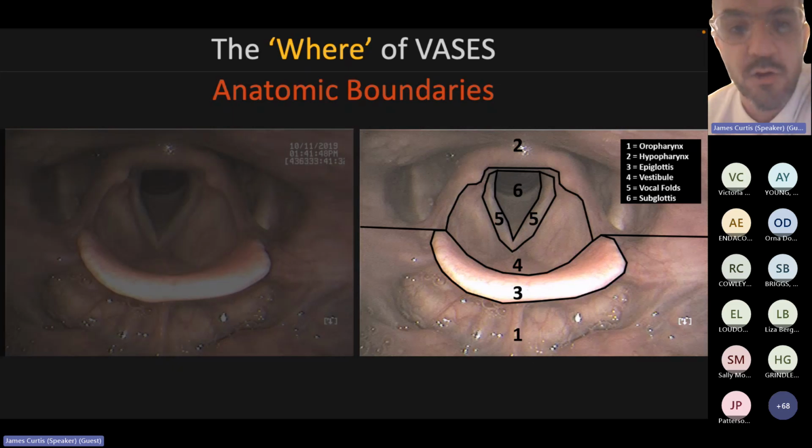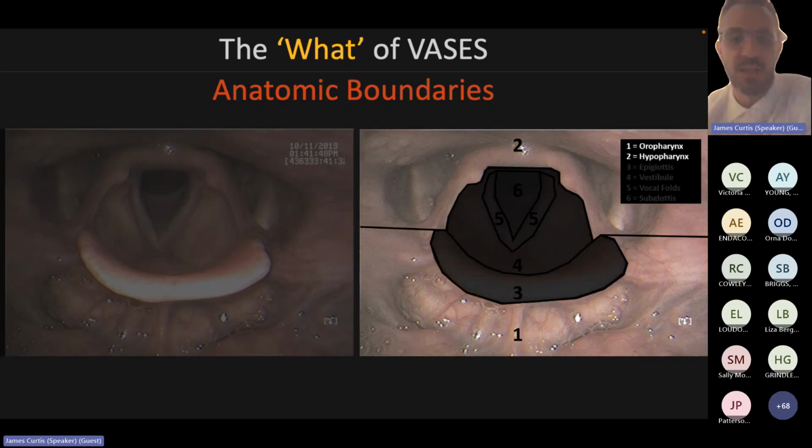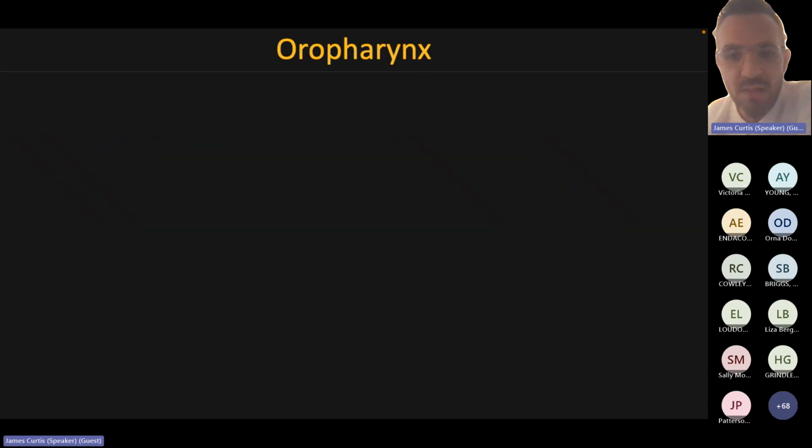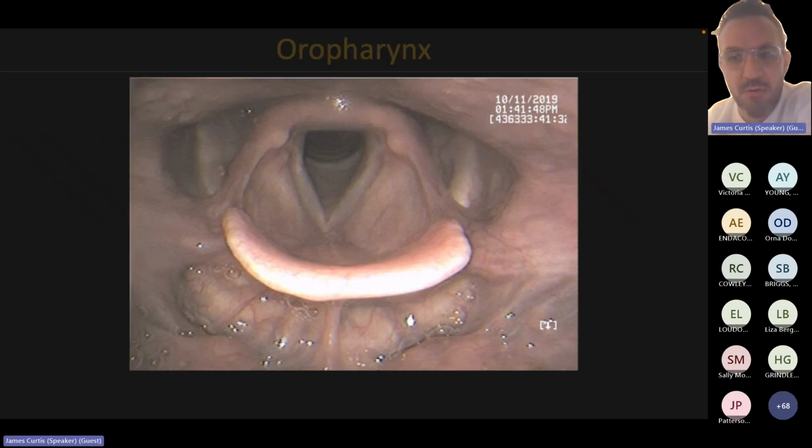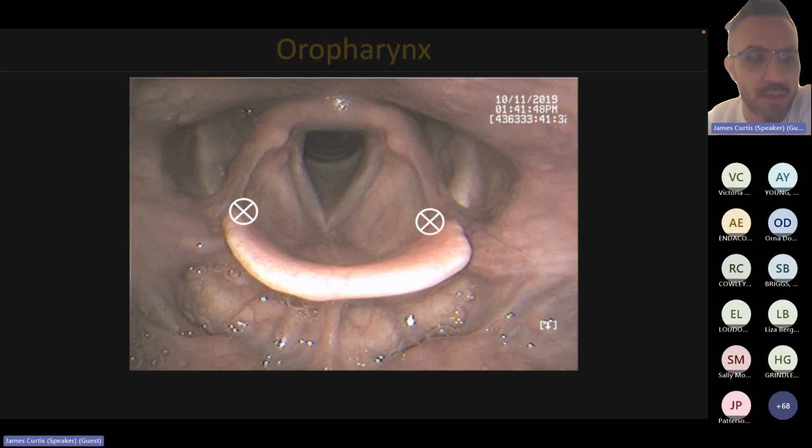So let's talk about how to create some of these different boundaries. Let's talk about the boundary that separates the oropharynx from the hypopharynx first. So to create the boundary separating the oropharynx and the hypopharynx, the very first thing that we do is with our eyes, we try to identify the points where the right and left epiglottic folds merge into the epiglottis. So if I was to put a couple of white X's on here, I'd put them about right there.